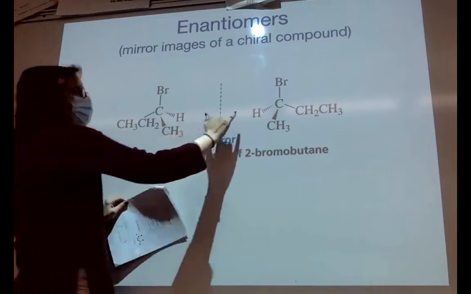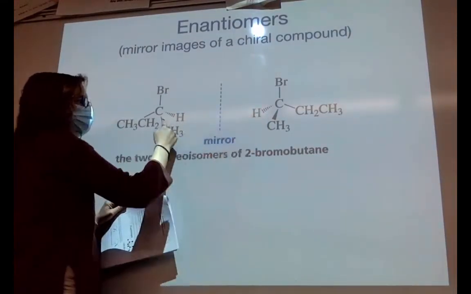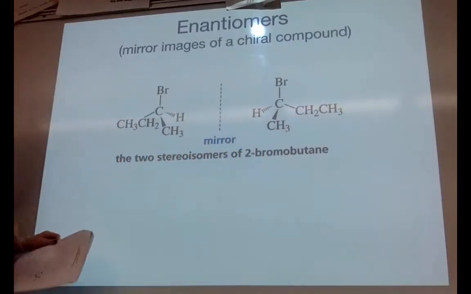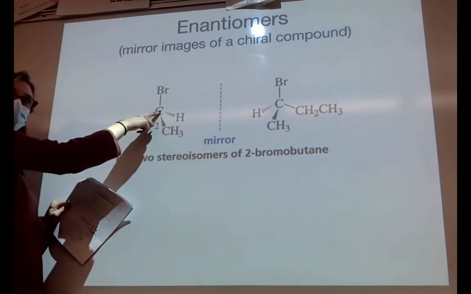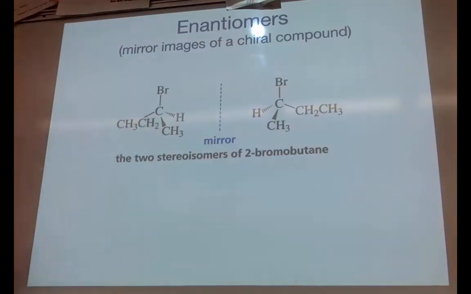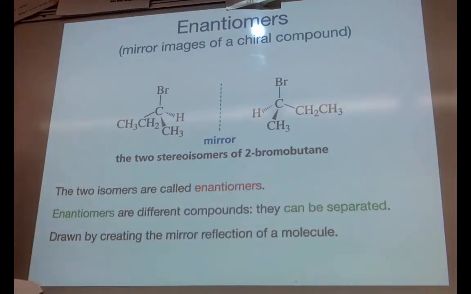The hydrogen is closest, still a dash, methyl still a wedge, ethyl still off to the side. You look at whether you can rotate it. If you have a chiral center, a carbon connected to four different substituents, it's probably a chiral molecule. So these two isomers are enantiomers.